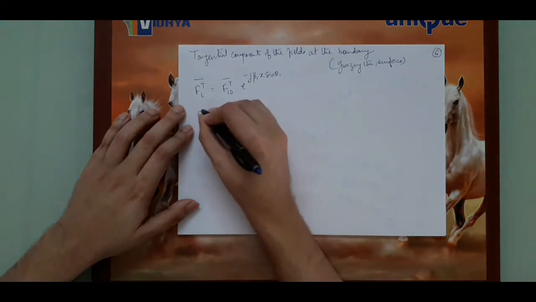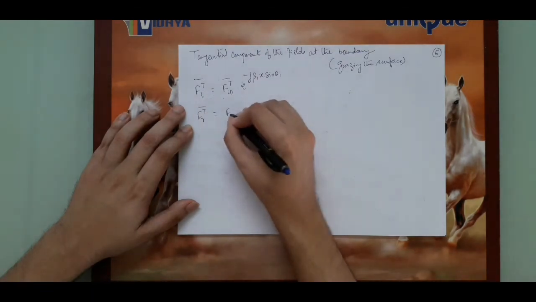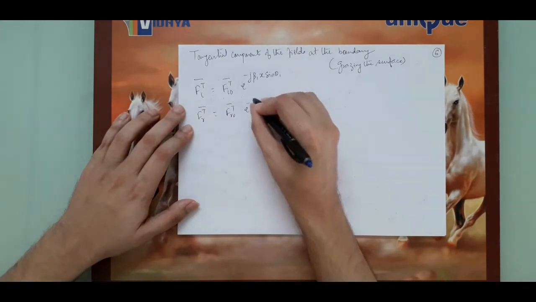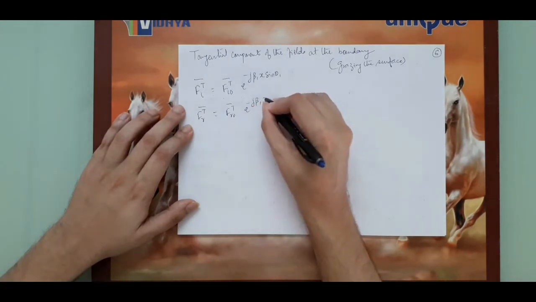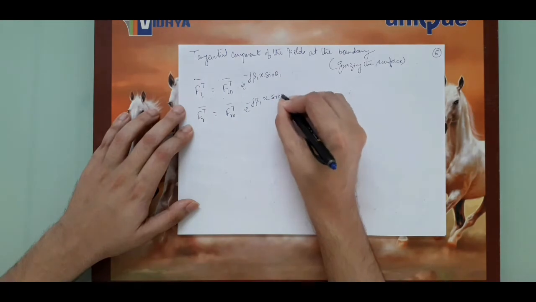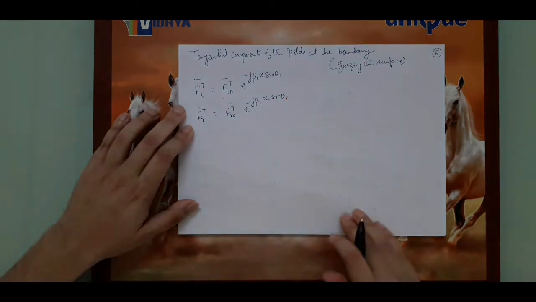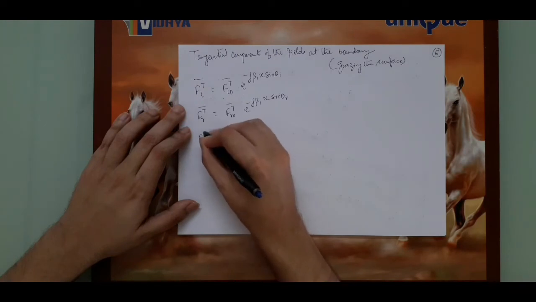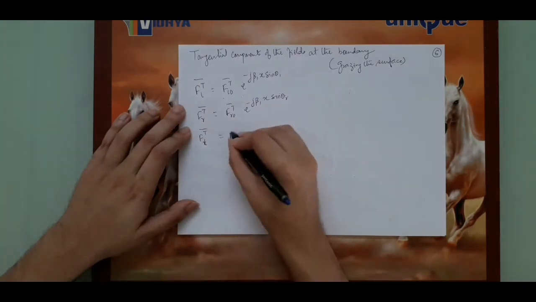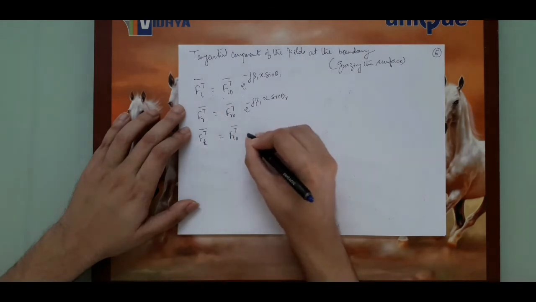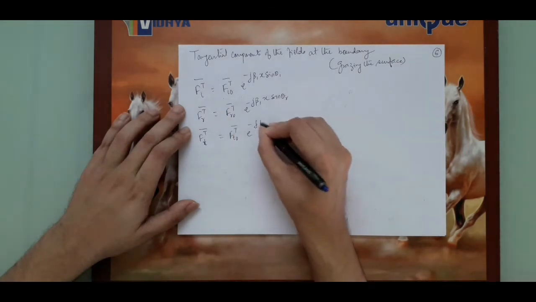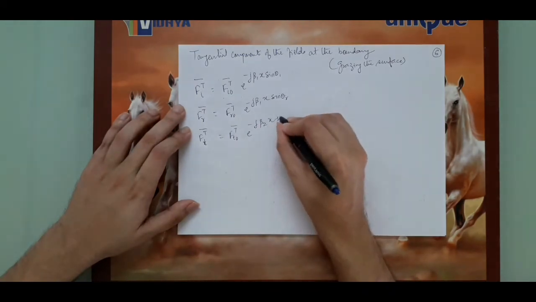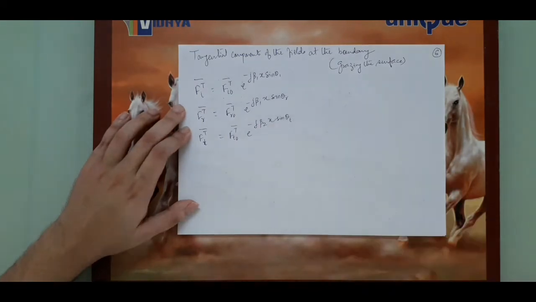The reflected component tangential will be very similar, but with sine theta r, and the transmitted field tangential component will be this, with minus j beta 2 x sine theta t.